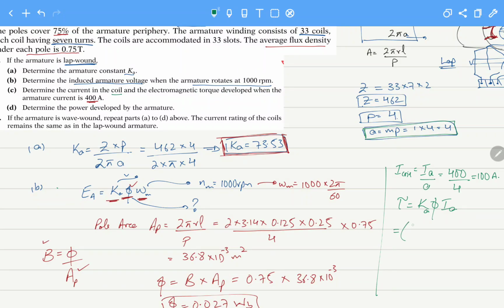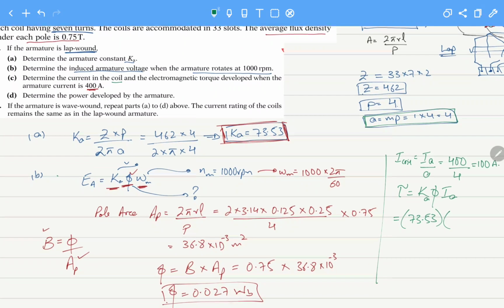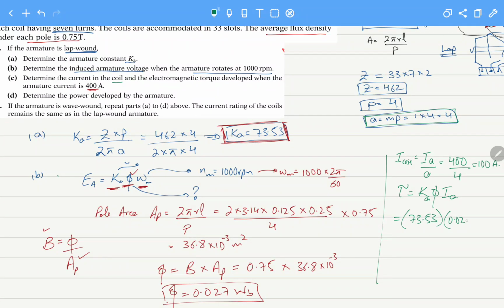So this will become 73.53 times the flux that we calculated previously, 0.0276, and I is 400 amperes. So the torque that will be induced over the coil will be 811.8 Newton meters.